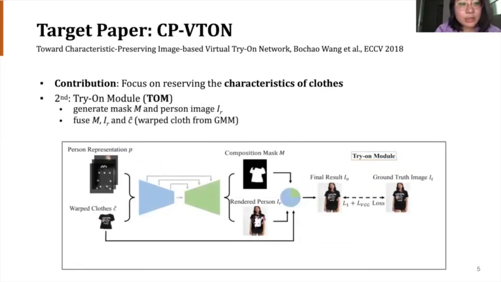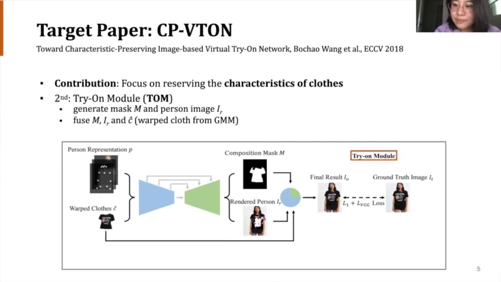The second network is the Try-On Module, TOM, which generates the final result, the person within the clothes. Firstly, it generates mask M and person image IR. Mask M is the region of the new clothes. And finally, it fuses the person and warped clothes from the GMM and creates the result.